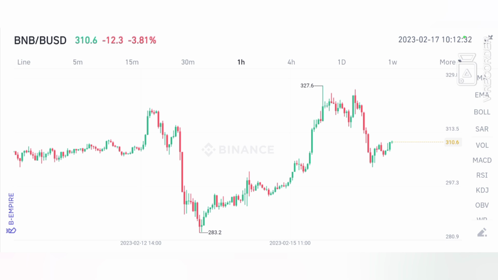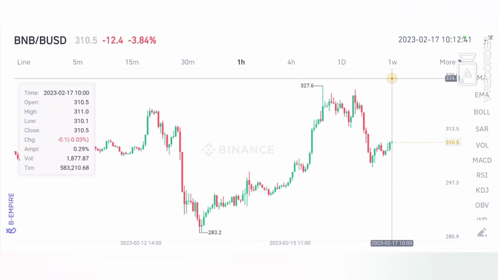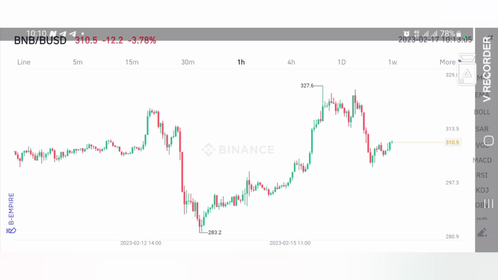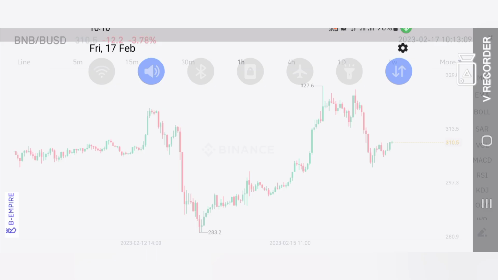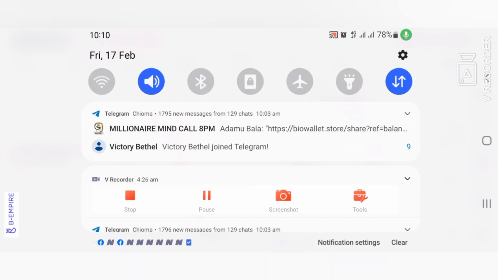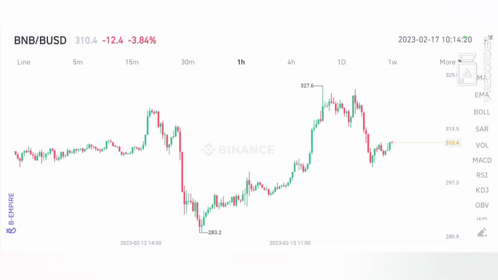Now we have several time frames, probably up to 15 to 20, available to us on our different crypto trading apps. I'm currently using the Binance app.